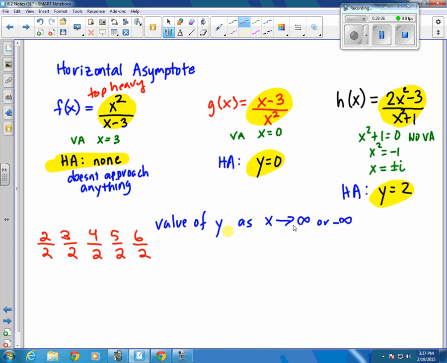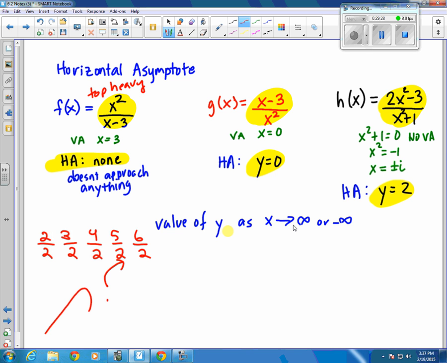So remember, this was that one that looked like this, right? As I made x smaller, it got smaller, and as I made x bigger, it got bigger. Hence, it didn't approach anything. It just kept getting bigger and smaller. You with me? You good?